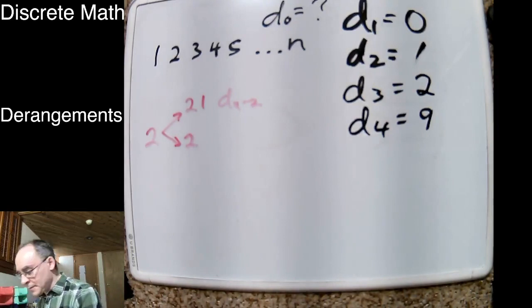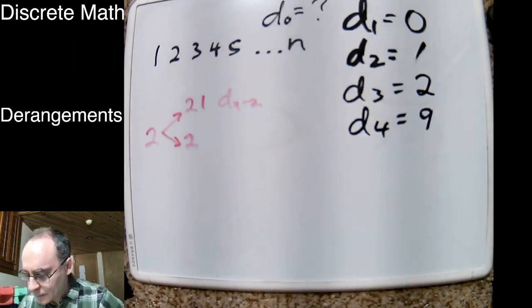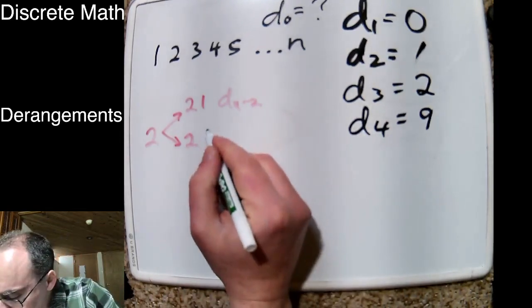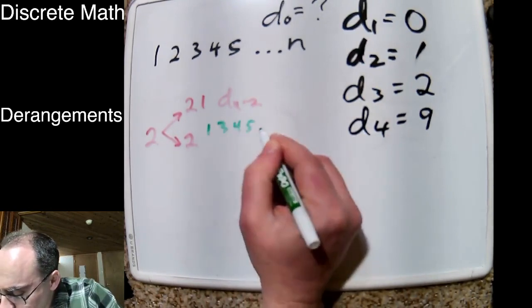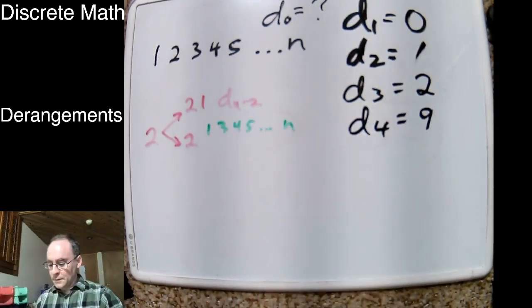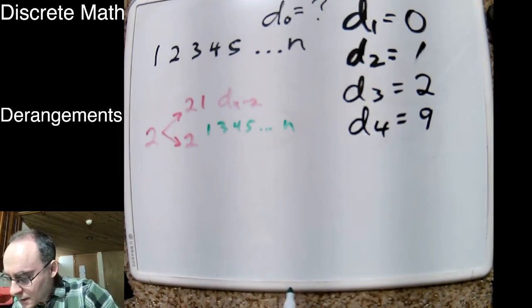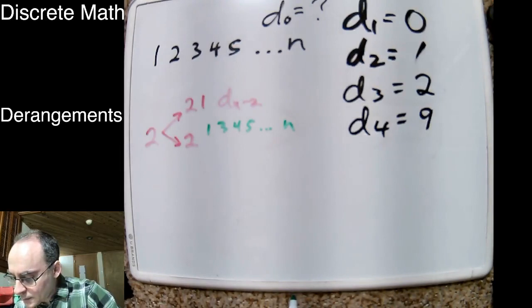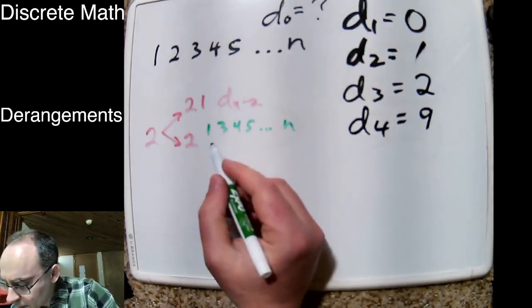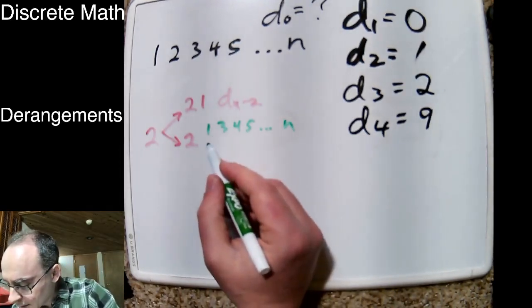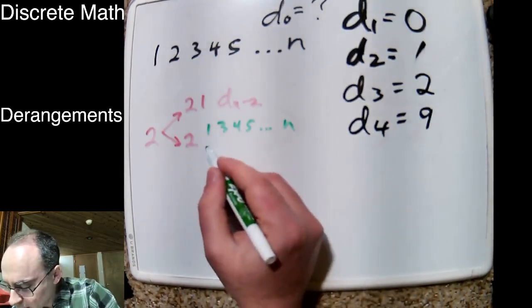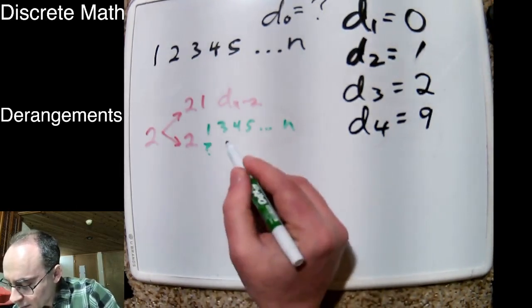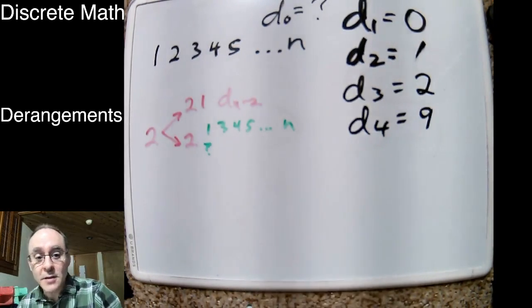I've got a list 1, 3, 4, 5, on up to n. And I'm not going to pick the 1. But I'm going to pick something else, and then I need the rest of that to be a derangement. So I need to pick something else here, but then everything else also has to be a derangement.